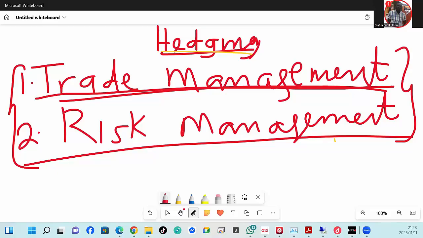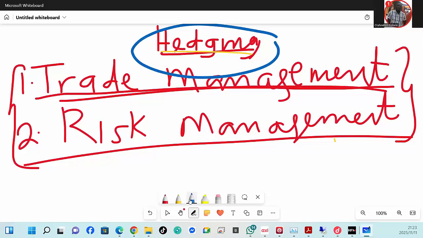Okay? And trade management. Our software already has inbuilt risk management, but there will be a point where risk management will not be able to hold our account, and that is when the robots normally end up hedging our trade.